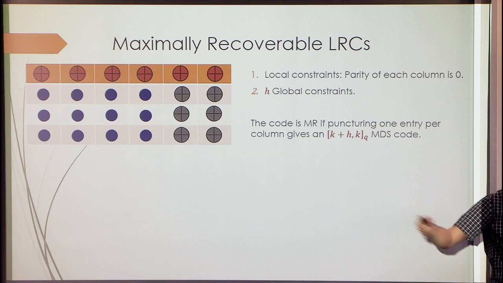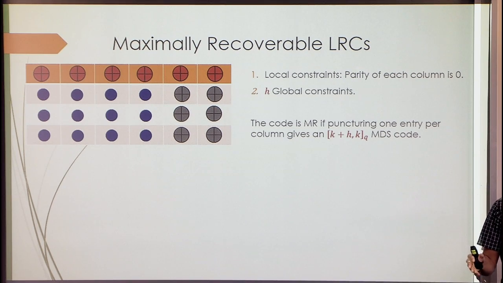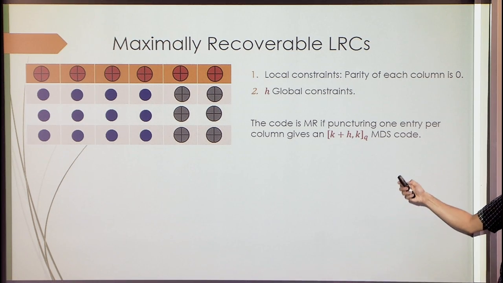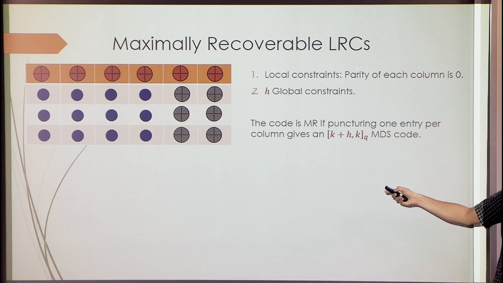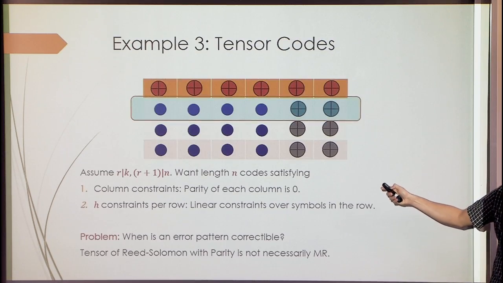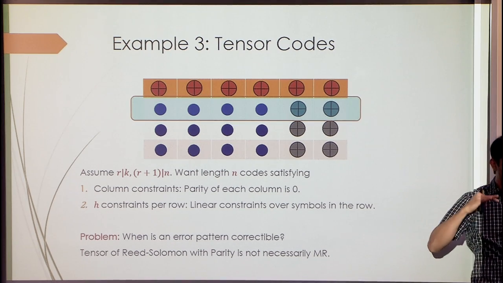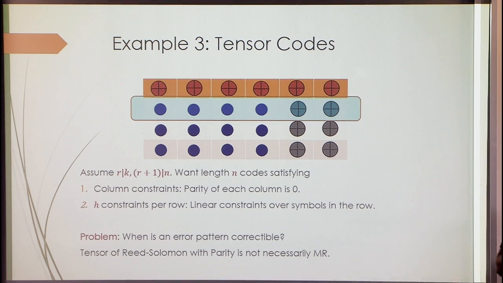Because these other constraints are global. In a tensor, each row is also a code word. It's an MDS code. So they are very different. I shouldn't have used the same picture. I apologize for that. Here, this is a code word. Every row supports a code word. In the LRC case, the rows need not have any local structure.